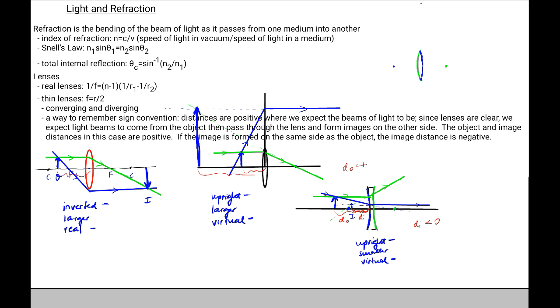It's negative for that, but it's positive for this, because the image forms on the other side of the lens. Looking at focal lengths, the converging lens has a positive focal length, and the diverging lens has a negative focal length.